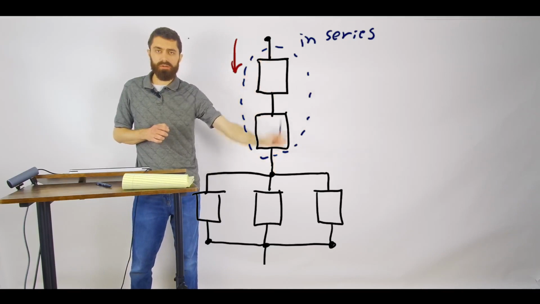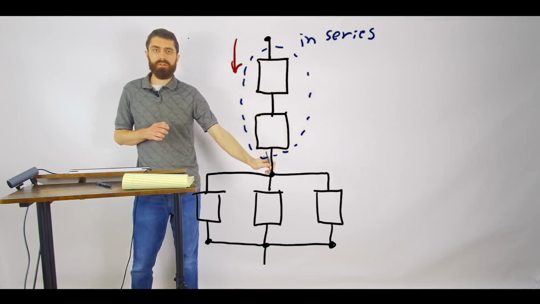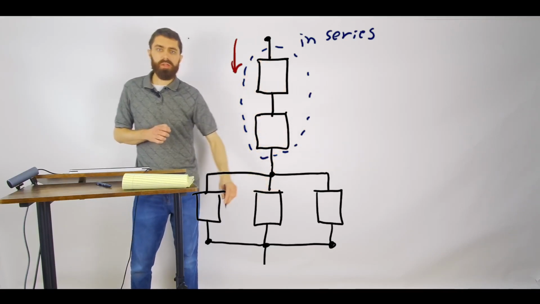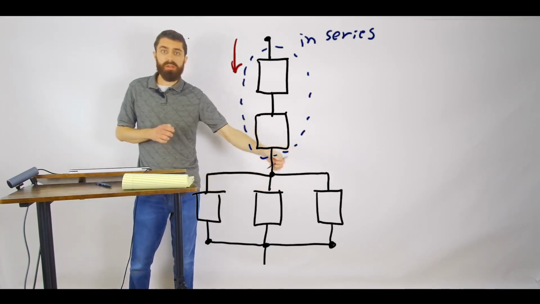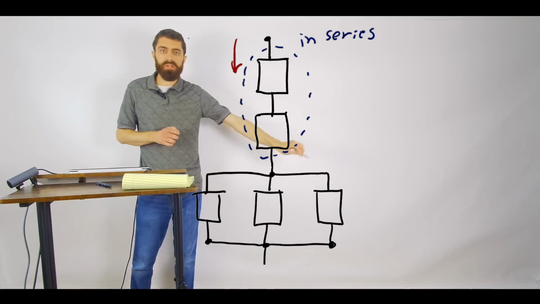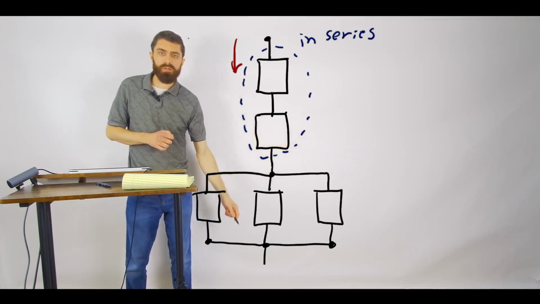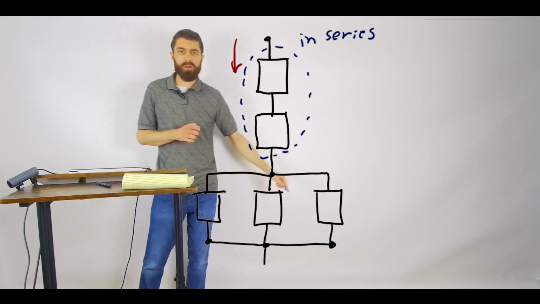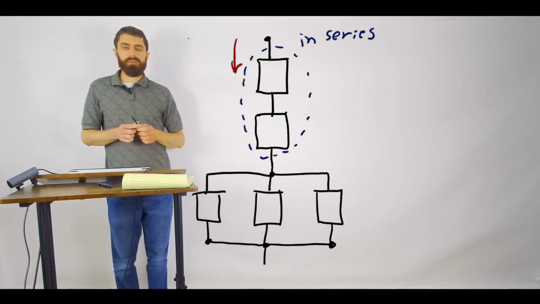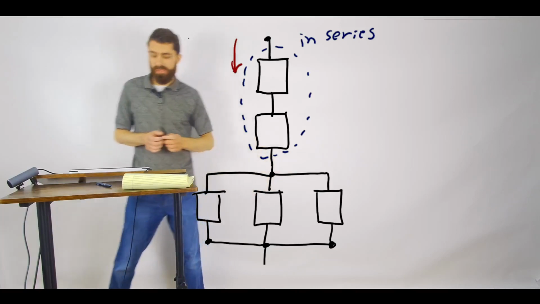It just goes through one and goes through the other. Then it comes here to components that are in parallel, and that's where the current will then split off. But you can see these are all connected to common nodes, so they are all in parallel here.